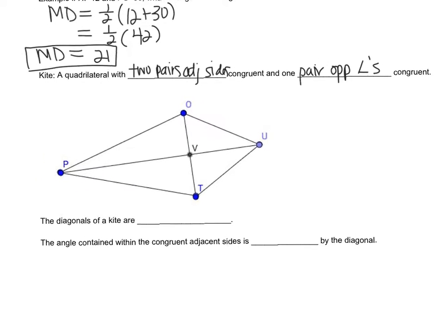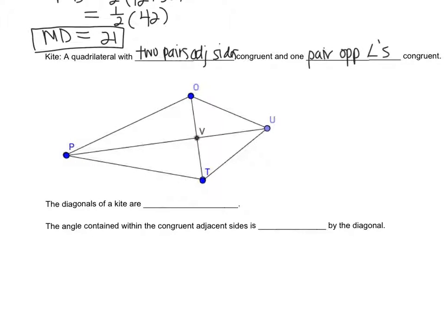So when we're looking at the figure below for our kite, the adjacent sides will be OU and UT, so they are congruent, and then OP and TP, they are congruent. And the pair of opposite angles that are congruent are going to be angle O and angle T.